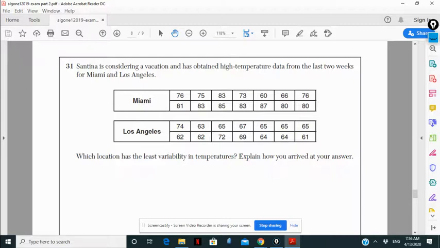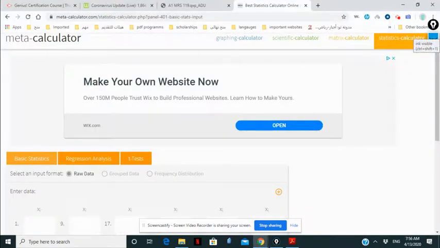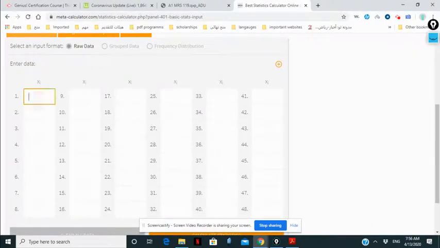Explain why you arrived at your answer. So the variability means the spreading of the data, so he's asking you about the standard deviation. I'm going to insert a graphing calculator there, and I'm going to use the calculator to calculate it.